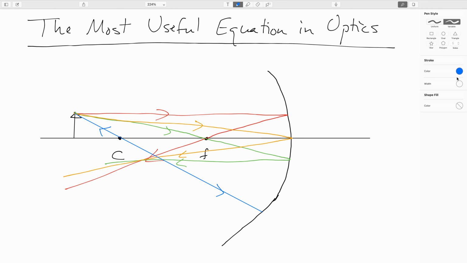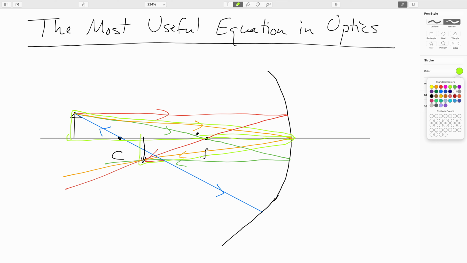I'm going to gloss over the derivation because I don't think it's particularly instructive. But what you can do is observe that this triangle here that I'm highlighting in lime is similar to this triangle here.